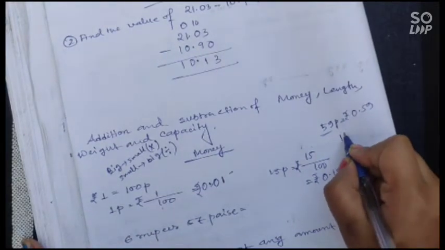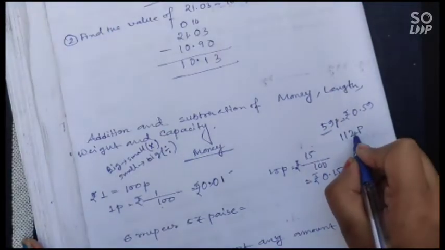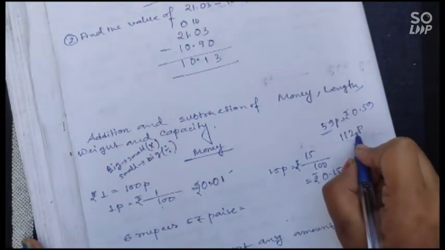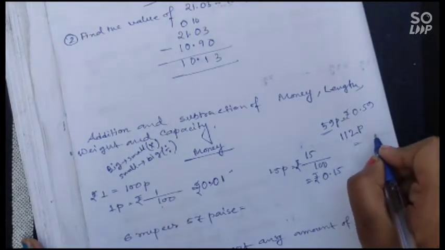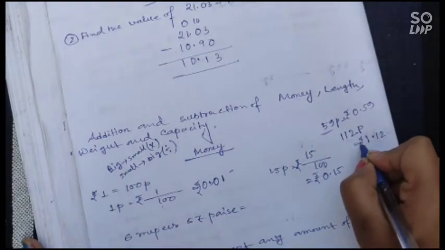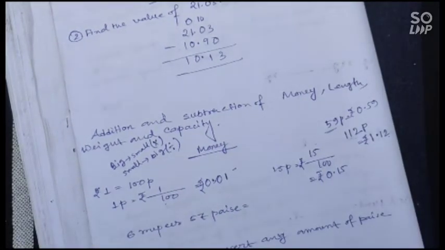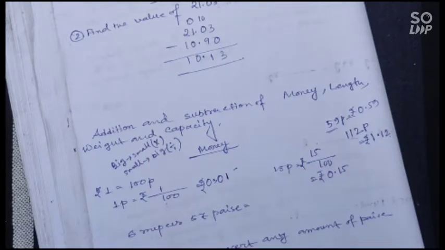If I ask you 112 paise equals how many rupees? You place the decimal before the last 2 digits, that is 1.12 rupees. So to convert paise into rupees, we place the point before the last two digits from the right side of the paise quantity, and it converts from paise to rupees.